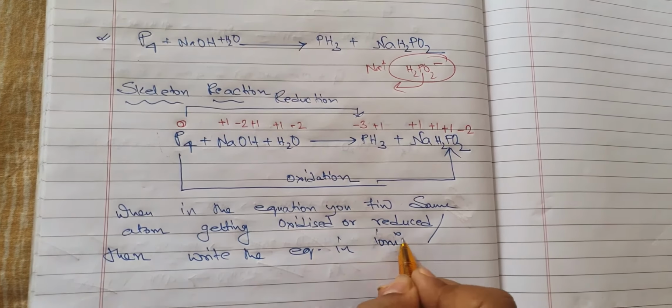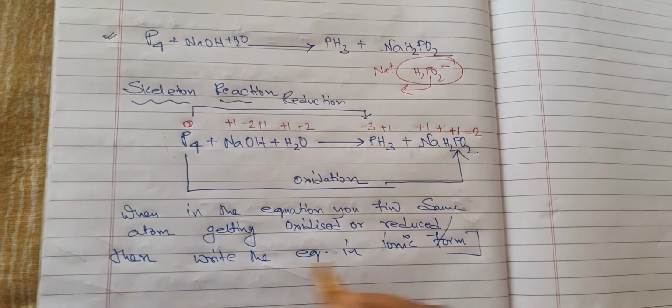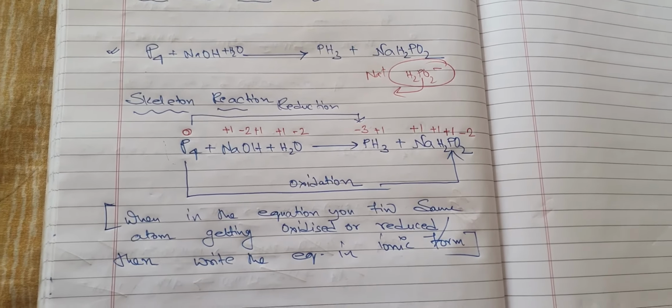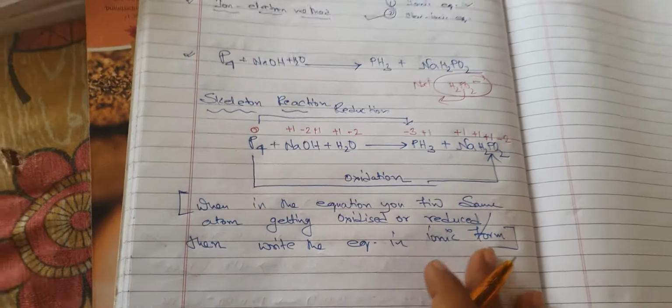It is important to remember, okay? Please write the equation in ionic form, then do it, otherwise you will not be able to do it. So that is the drill.